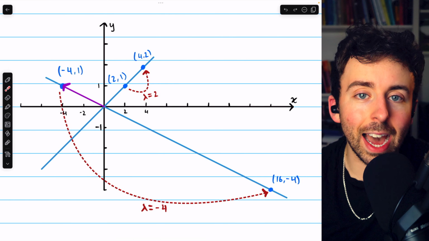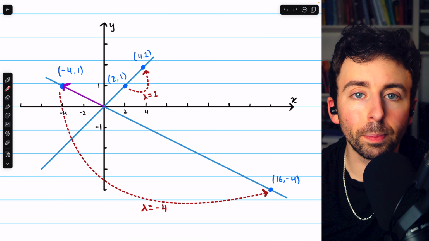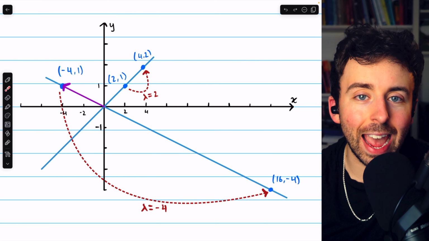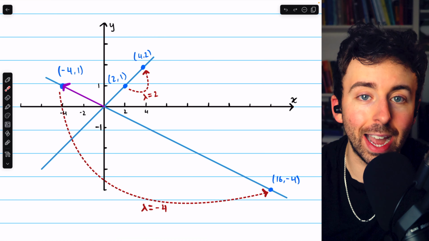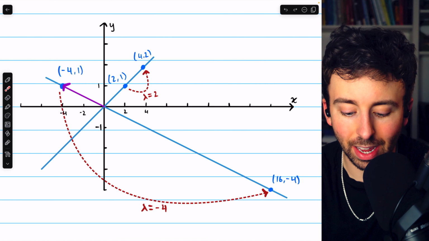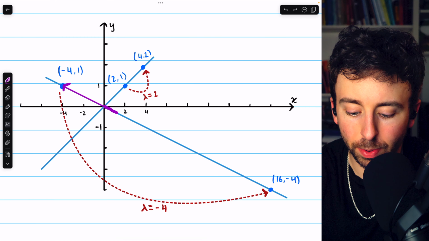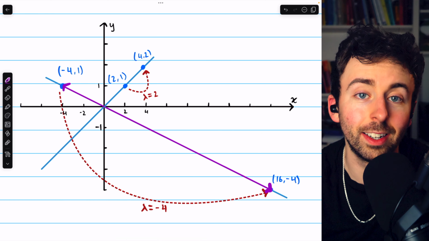Any vector in the eigenspace, that is, any vector on this line, when multiplied by our original matrix A, will actually just be scaled by a factor of negative 4. That's how eigenvectors work. So if we multiplied this vector by the matrix A, it would have the effect of multiplying it by negative 4, and it would then map to this vector 16, negative 4.